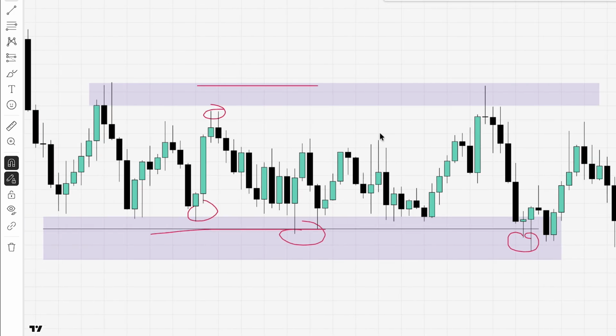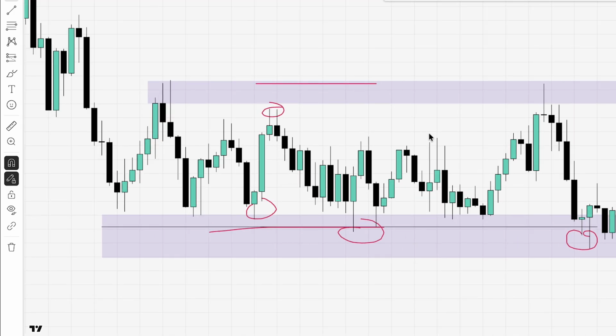So when you see this kind of scenario, you know that this is a liquidity area. I don't want to complicate so many things, and I don't want to make this video so lengthy, but that is the concept of liquidity and where you can find liquidity. So in the next video, I'm going to quickly explain to you the types of liquidity and how you can identify them on your chart.